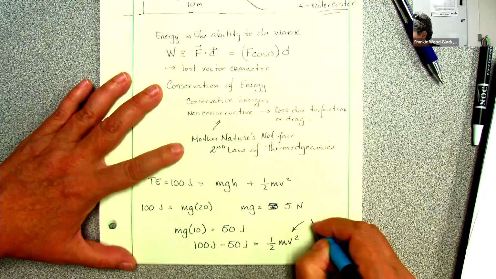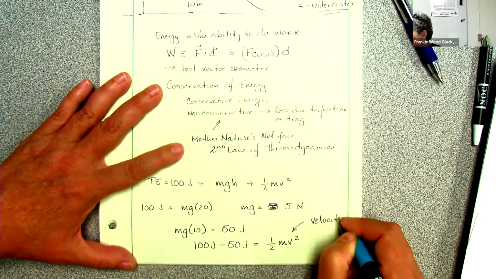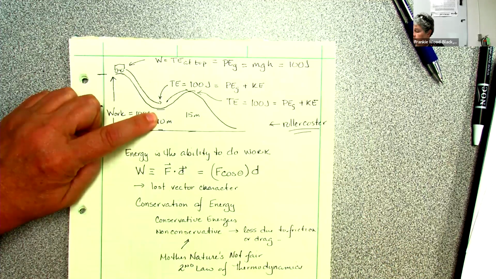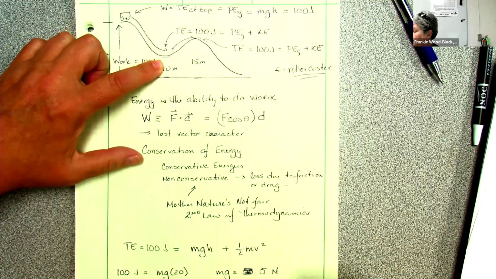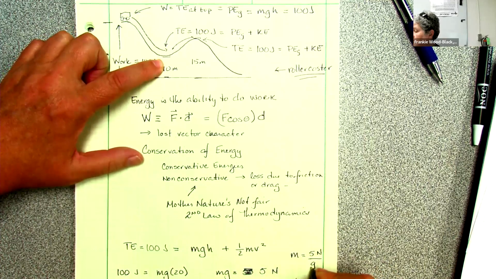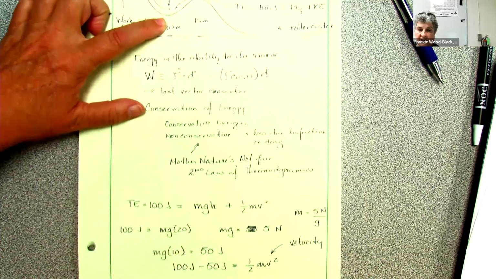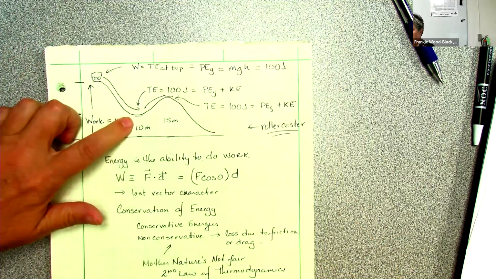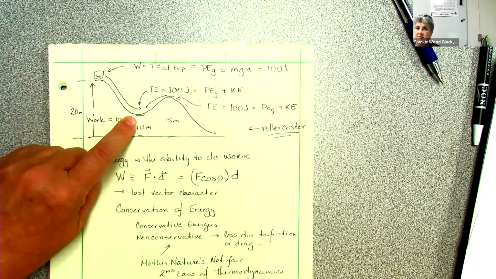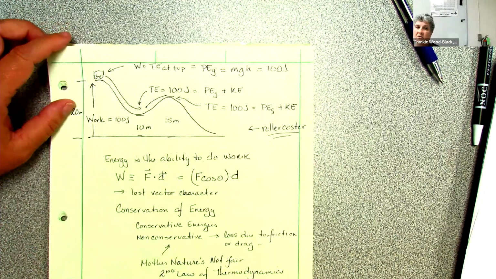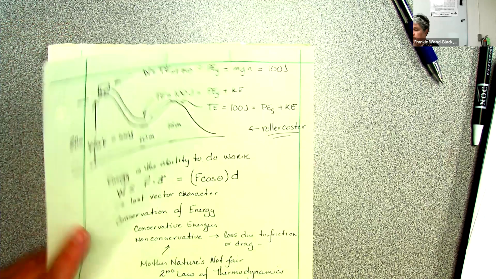We can find the velocity at this point in the ride, because we now can figure out what the mass is, because the mass is just going to be 5 newtons divided by gravity. We can go ahead and finish off our problem here, and we can find out information about this system. So this gives us a nice, helpful way to look at our systems.